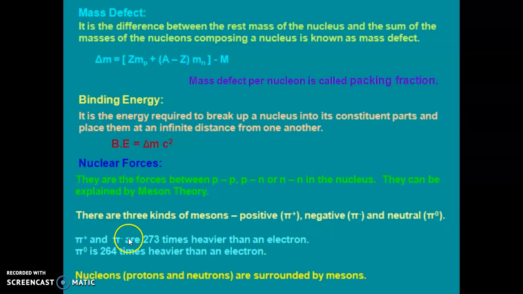Pi positive and pi negative are 273 times heavier than an electron, whereas pi 0 is 264 times heavier than an electron. Nucleons, meaning protons and neutrons, are surrounded by mesons.